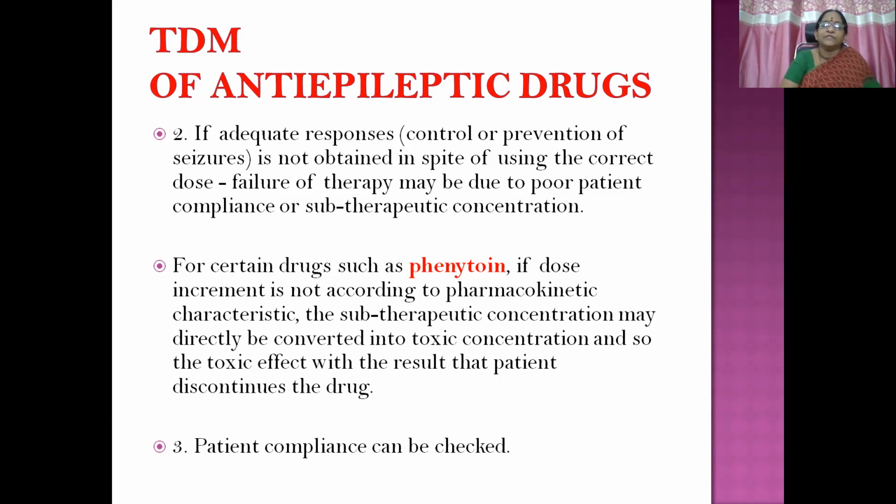For certain drugs such as phenytoin, if dose increment is not according to pharmacokinetic characteristics, the subtherapeutic concentration may directly be converted into toxic concentration, and so toxic effects result, with the consequence that the patient discontinues the drug. Suppose phenytoin, which has a narrow therapeutic index, is not giving a good response, and you think it must be because of poor compliance or subtherapeutic concentration, so you increase the dose.